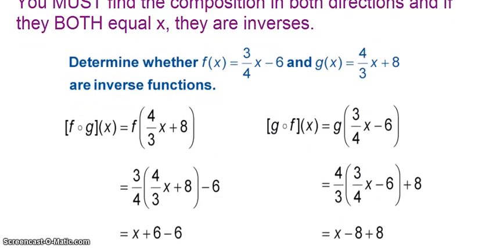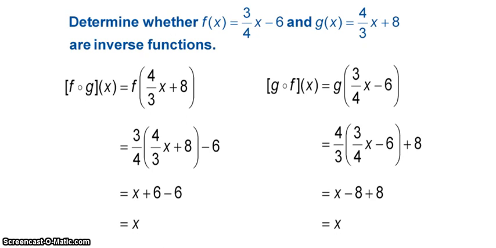So, if I was determining whether these were inverse functions, I am finding both f of g of x as well as g of f of x. So remember the way that we do these, whichever one is closer, that's the one that gets plugged in for the other one. So see, this is g of x.